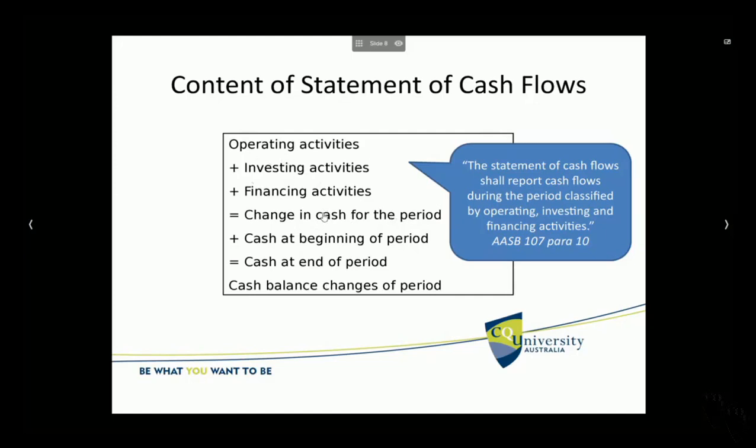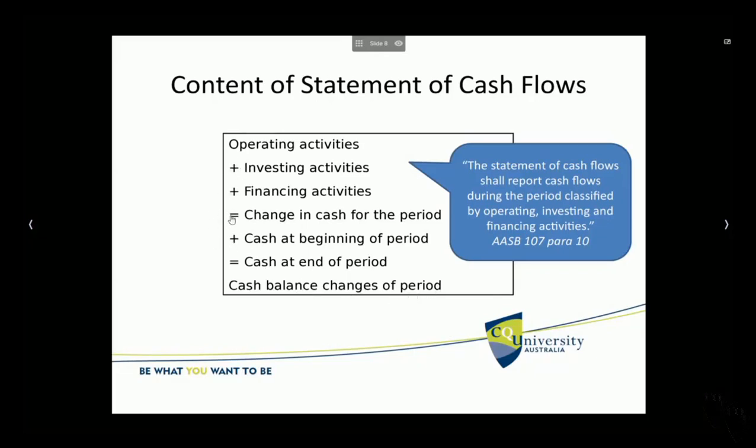We will be doing that today. We then add that to the cash at the beginning of the period, and that will give us the cash at the end of a period. Okay, so in this way, the statement of cash flows shows how the cash balances have changed during the period.